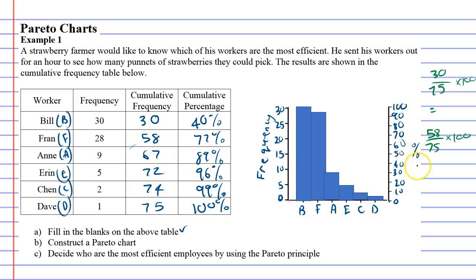To be more specific, it's not just our percentage, it's our cumulative percentage. We don't want people just putting percentages that haven't been accumulated. So I'll rub all that working out, and we'll write down cumulative percentage.